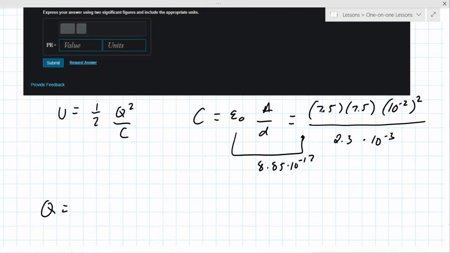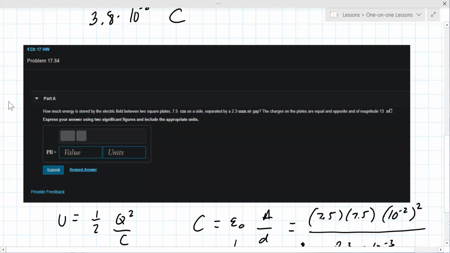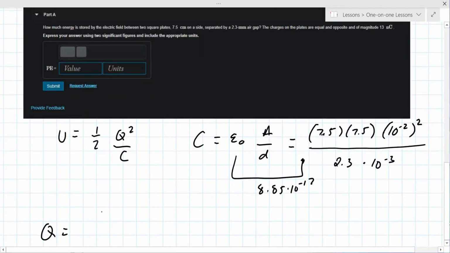So Q comes from, is Q given? What does Q stand for again? Q is given. It's the 13 nano. Oh, the nanocoulombs. Yeah. So Q is 13, and then we've got to do some converting.